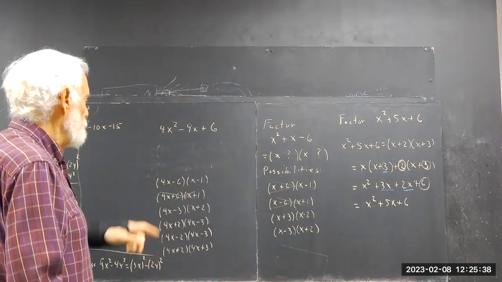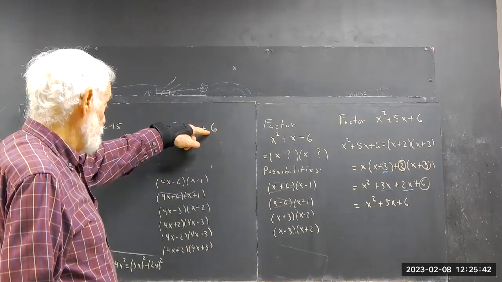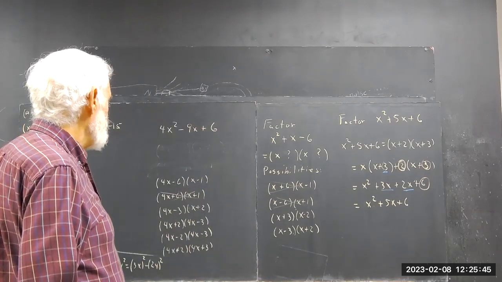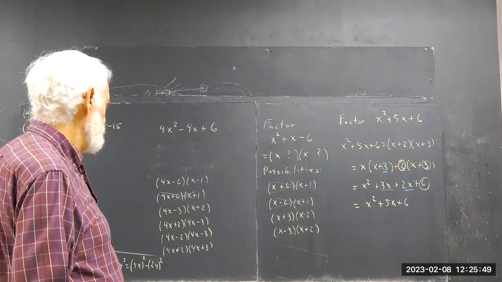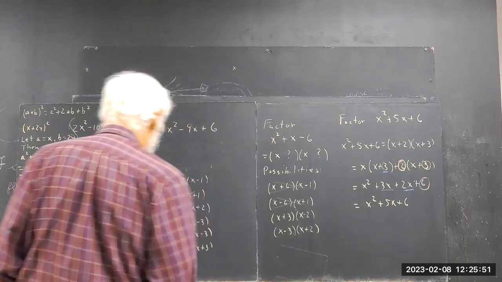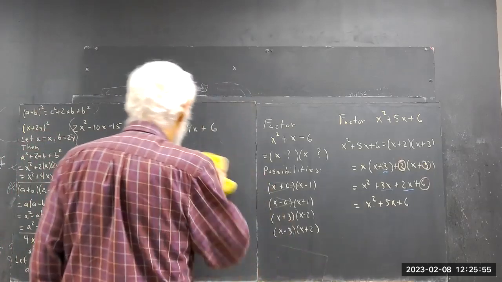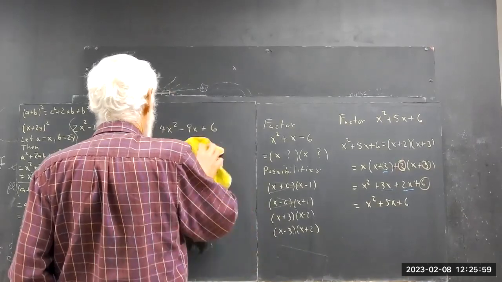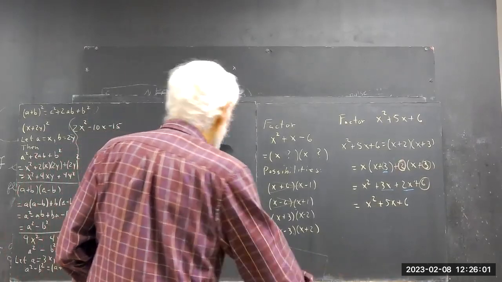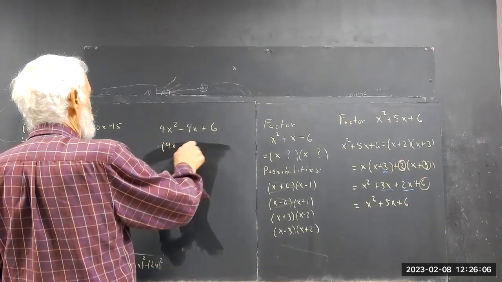Okay, so we get a -6 and a -1, you get a +6. Okay, let me do it right.